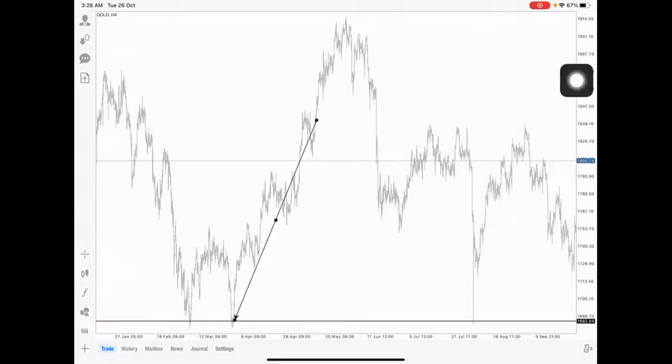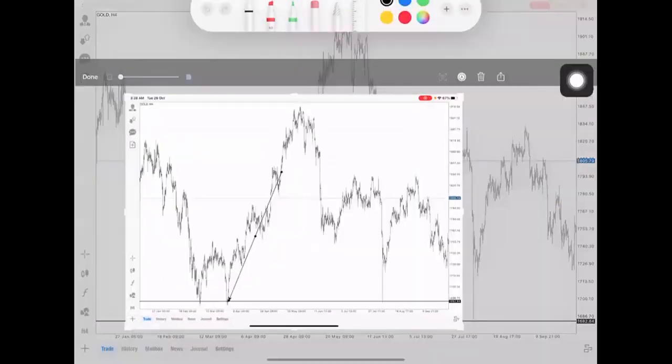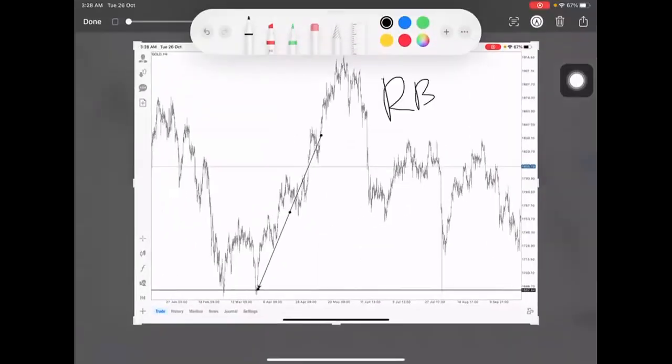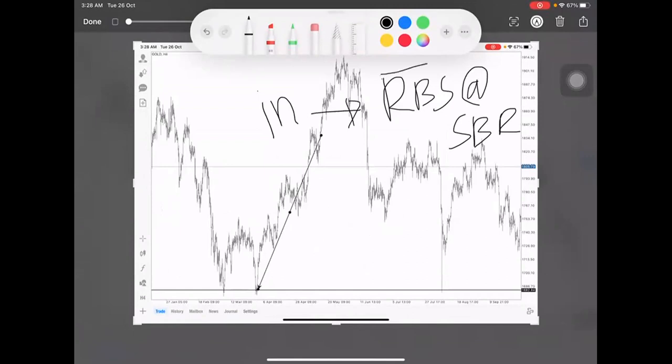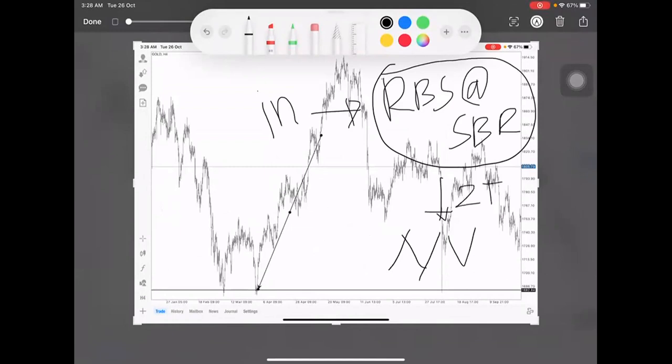That's why we use this one first, RBS and SBR. After that we shift to a lower TF. Understand? Oh, nice, I understand.